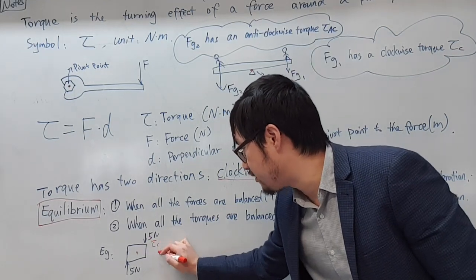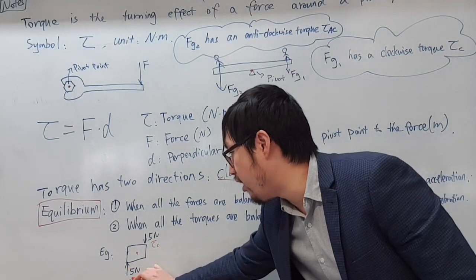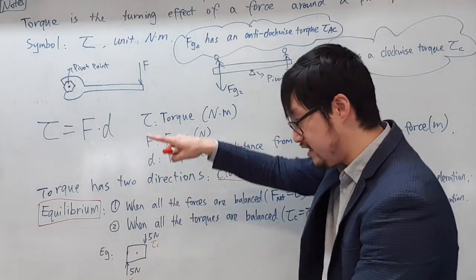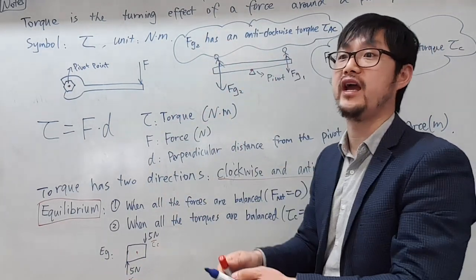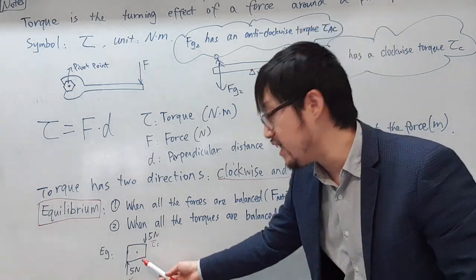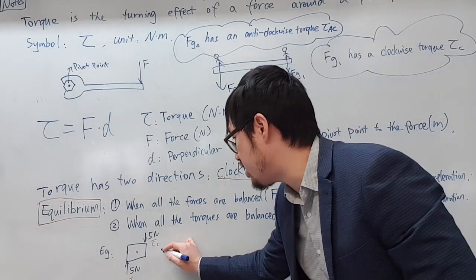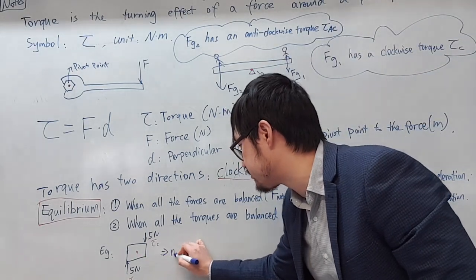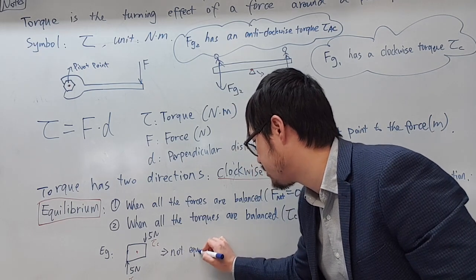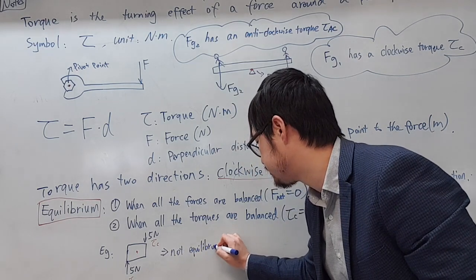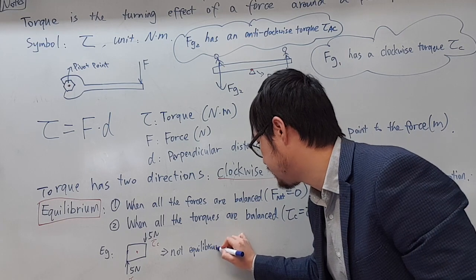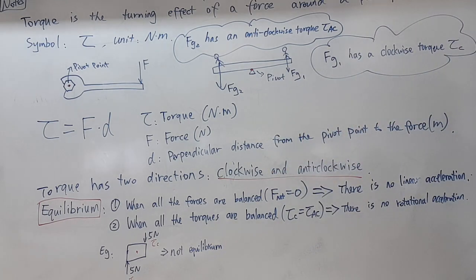This is clockwise. What about this one? Yeah, also clockwise. And you can see these two are helping this object rotate, right? So there is a rotational effect. So this situation is not equilibrium. This is not under equilibrium.